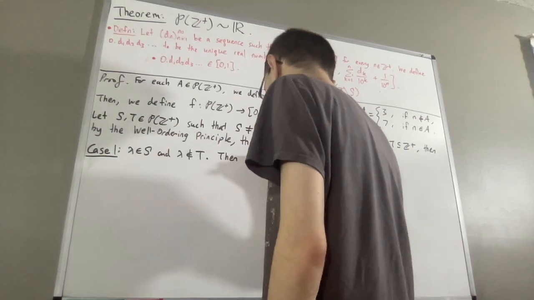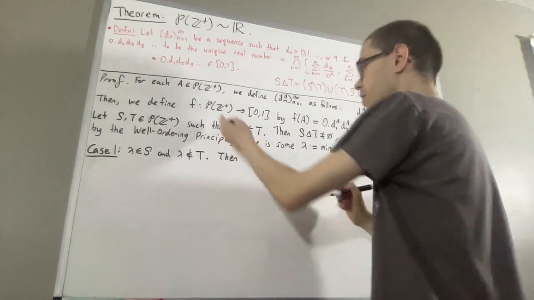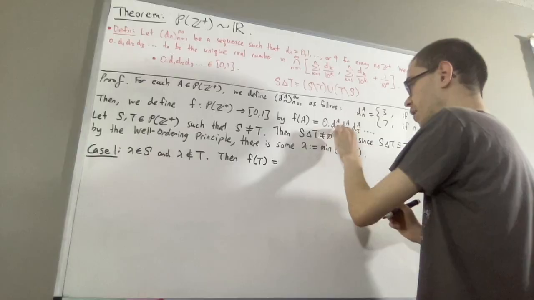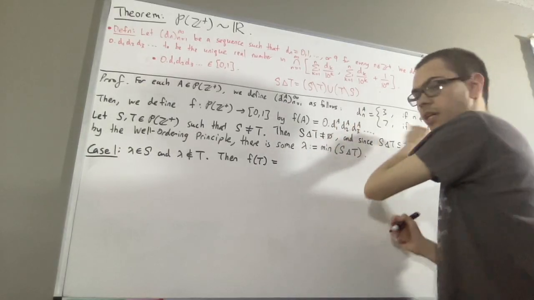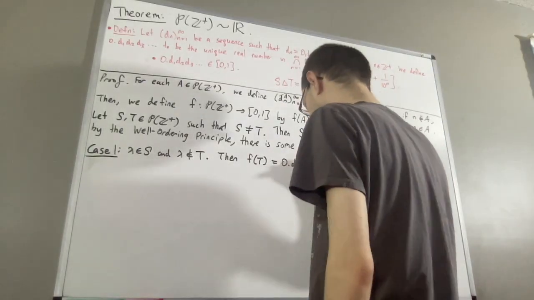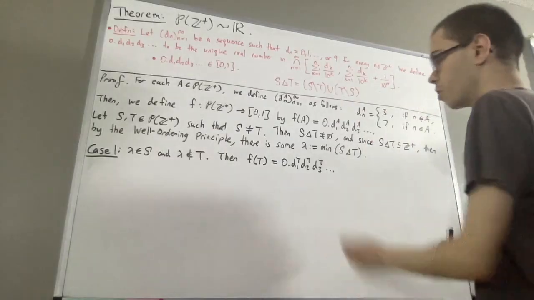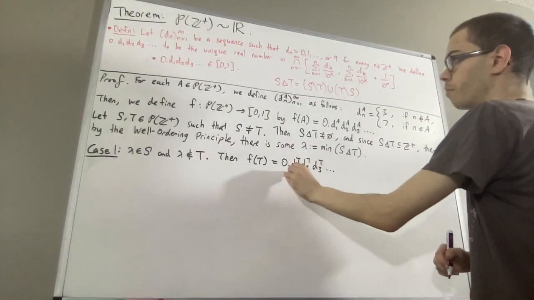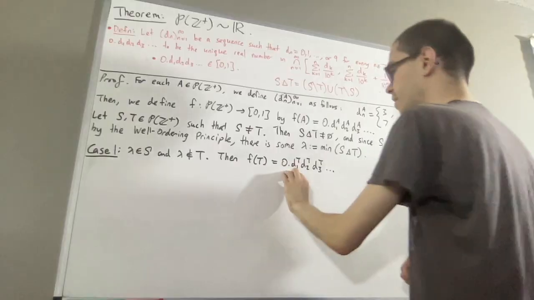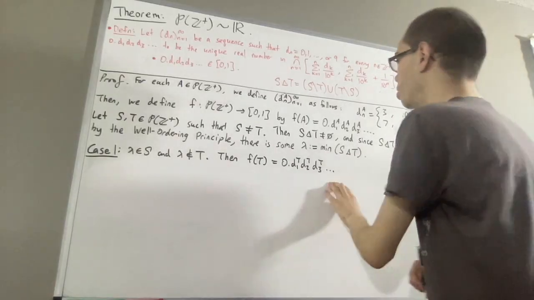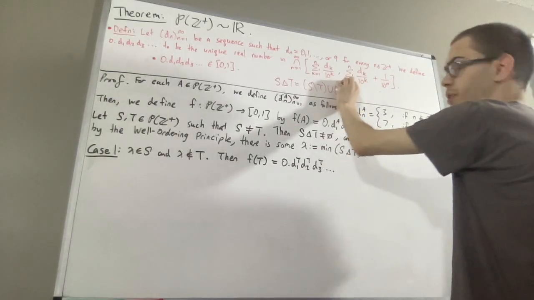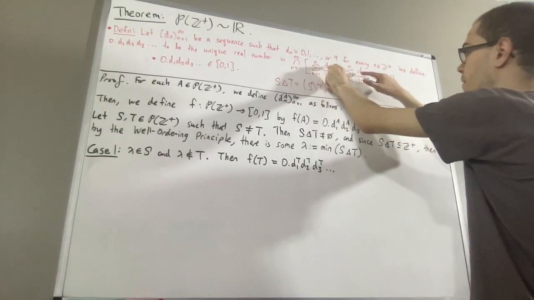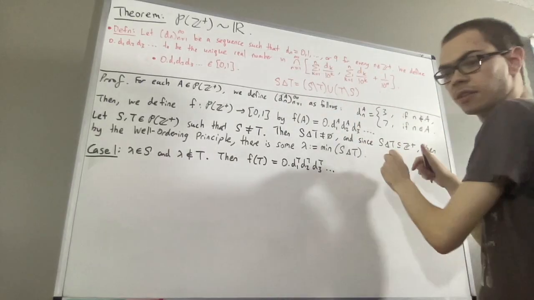F of t, by definition, is 0.d1t, d2t, d3t, and so on. Now, we know, by definition, that this quantity belongs to every single one of these closed bounded intervals, where instead of dk, we're writing dkt.